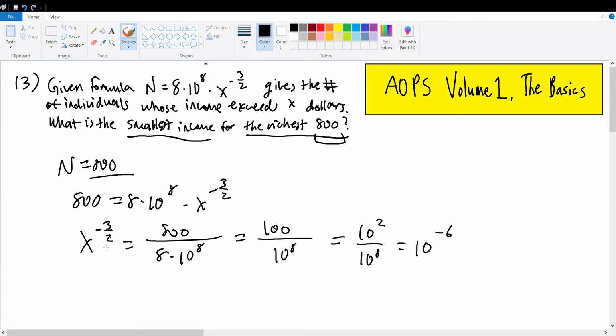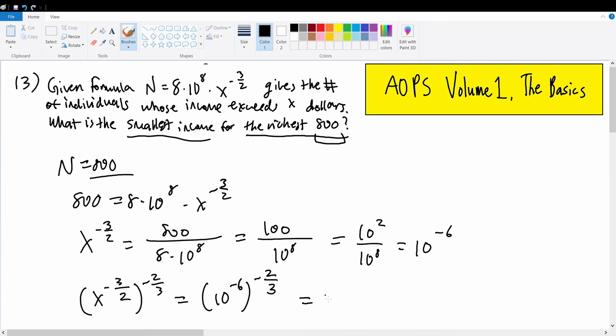What we can now do is raise both sides to the negative 2 over 3 power to isolate x as a single variable. I got this the opposite way around. x raised to the negative 3 over 2 power, raised to the negative 2 over 3 power, will be equal to 10 to the negative 6 raised to the negative 2 over 3 power.